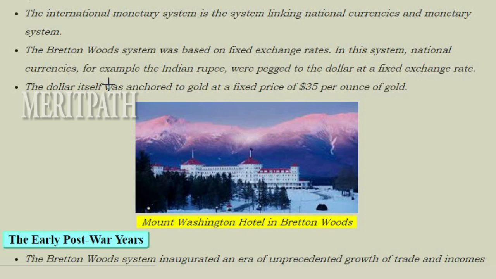The Bretton Woods system was based on fixed exchange rates. In this system, national currencies, for example the Indian rupee, were pegged to the dollar at a fixed exchange rate. The dollar itself was anchored to gold at a fixed price of $35 per ounce of gold. Mount Washington Hotel in Bretton Woods.